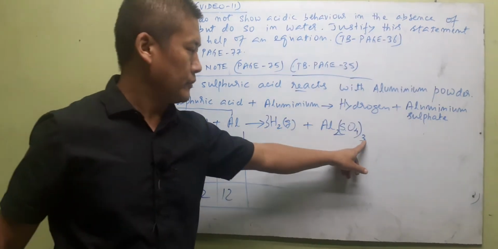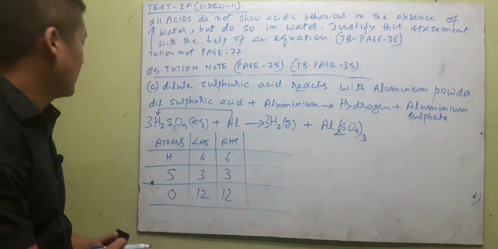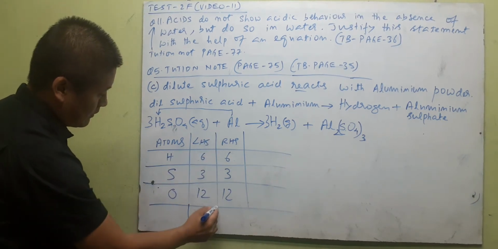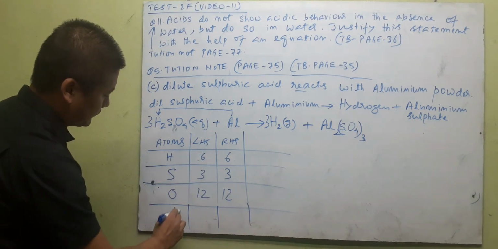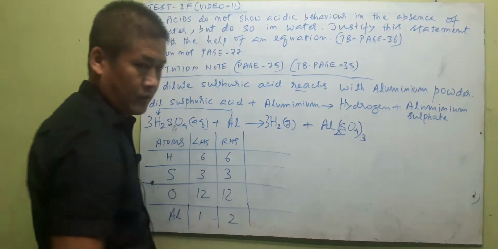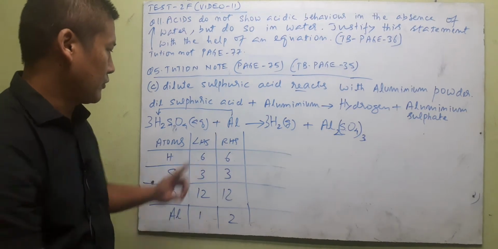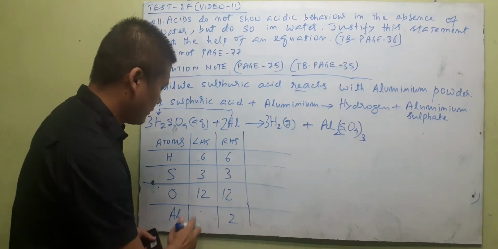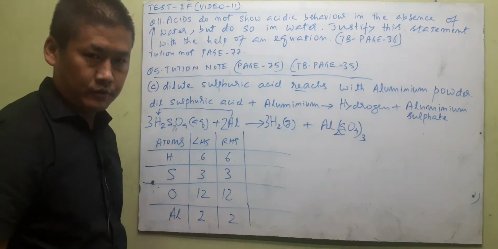Right side also 12 oxygen atoms. So balanced. Now O done. Then Al is the final one. So one more atom. So here Al, left side is 1. Right side is 2. So that cannot be. So we have to make this one also 2 by putting 2 in front. Now left side 2 aluminum atoms. Right side also 2 aluminum atoms.